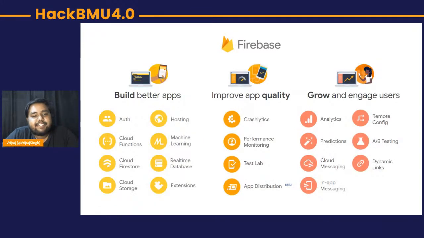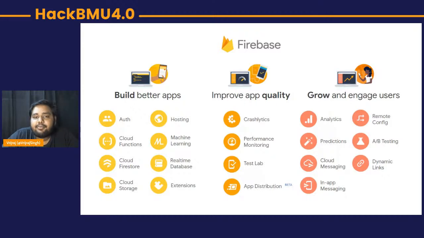As you know, Firebase is providing a lot of services. Firebase is divided into three main categories of services. The first one is build better applications, the second one is improve your app quality, and the third one is increase your user base. For example, as a web developer, if I need to add an authentication feature in my web page, I can go for the authentication service of Firebase.